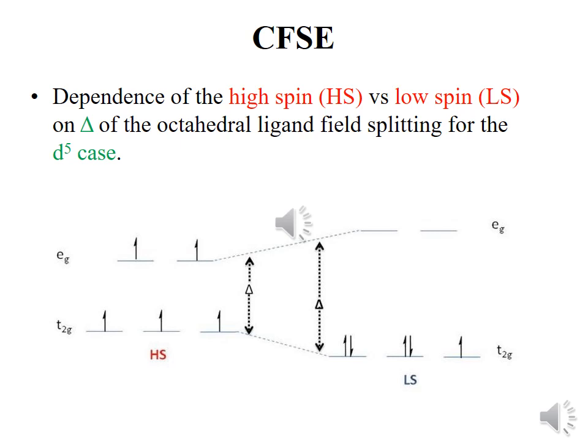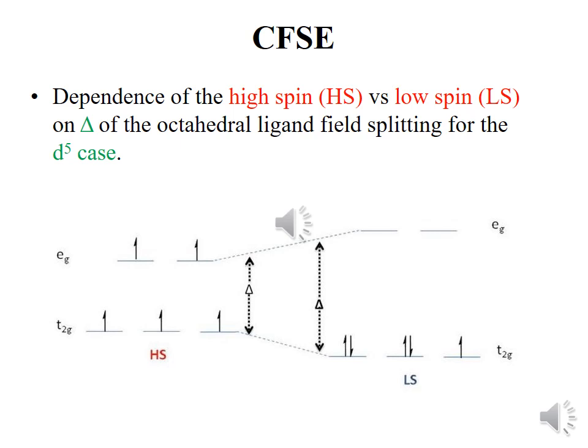In high spin complexes we use weak ligands, as compared to the low spin complexes in which we use strong ligands. When we use strong ligands, the repulsion between the metal and ligands is greater.